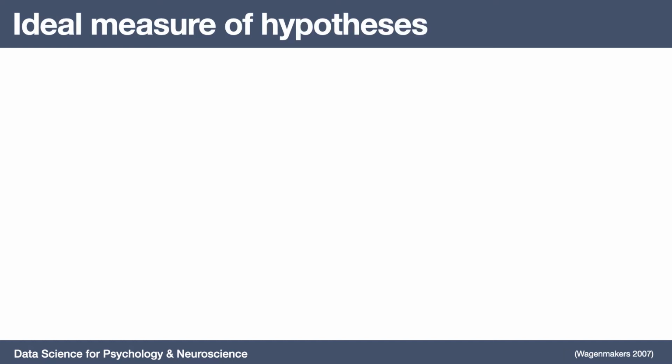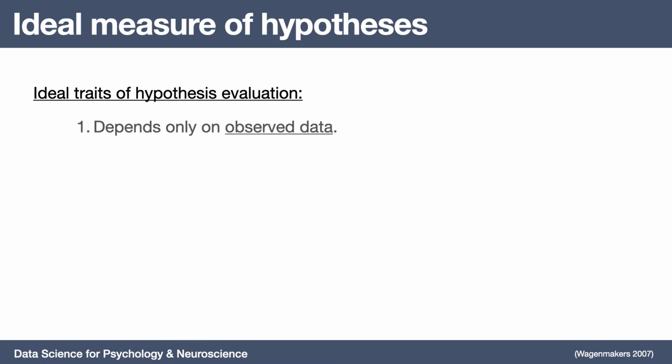In Wagenmakers' article, he goes over an ideal measure of hypotheses, ideal traits for actually evaluating hypotheses. You would want something that depends only on observed data as opposed to unobserved data. You'd want something that's independent of subjective intentions.